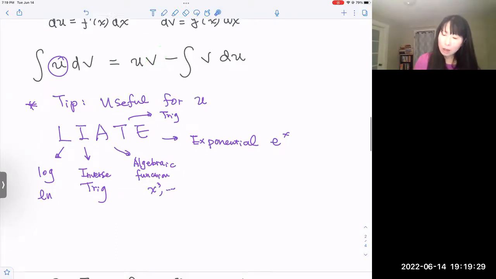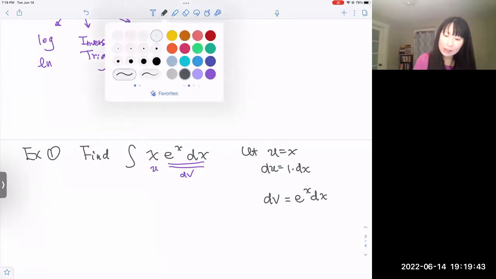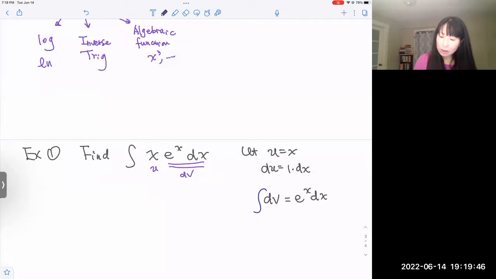How do we get the v from dv? Antiderivative, excellent. So we make an antiderivative to get the v. So the integral of e to the x dx, what do you get? e to the x. Thank you. Excellent. So I have a habit: for indefinite integration, I'm using plus c.